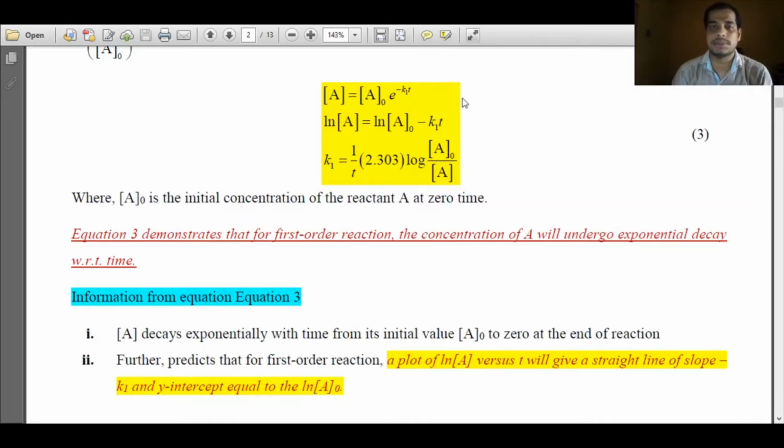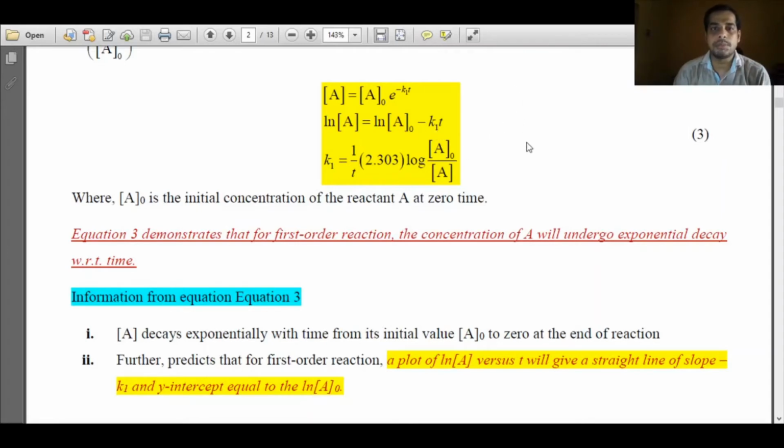That is one observation. The second observation we will draw from the second expression of equation 3. What it says, ln A is equal to ln A0 minus K1t. We'll assume that this is in the form of a straight line equation, y is equal to mx plus c. So what will be my y here? My y will be ln A, and mx means this minus K1t.